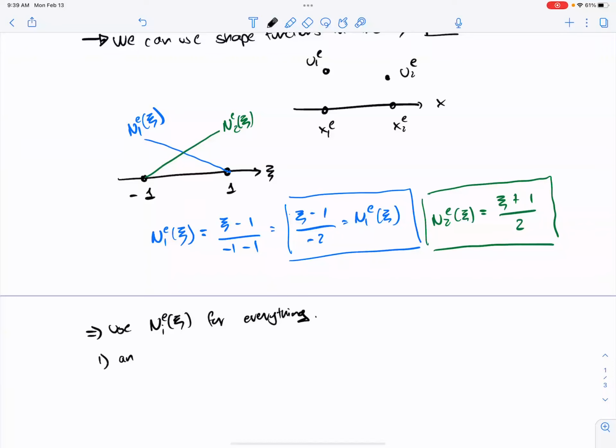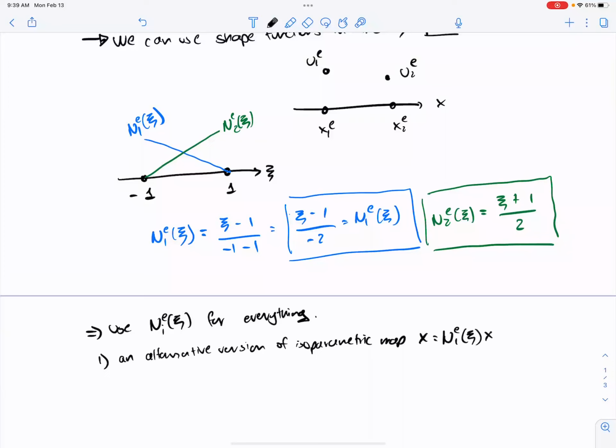So that includes an alternative version, it's the same, but I can represent x in terms of xi as an alternative version of the isoparametric map.